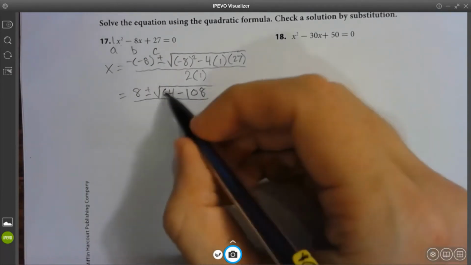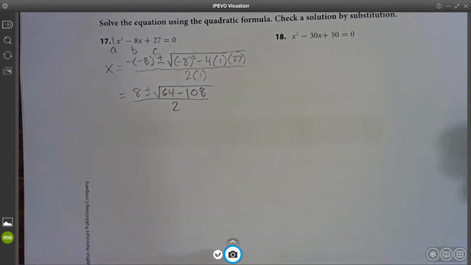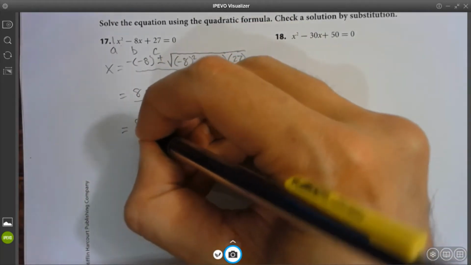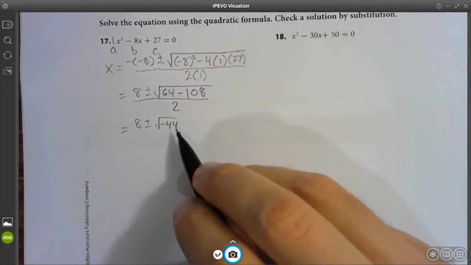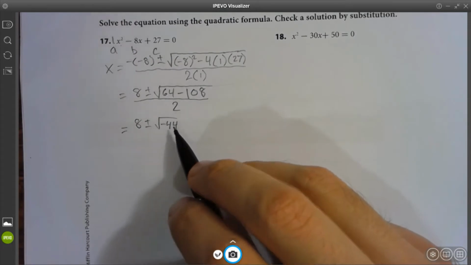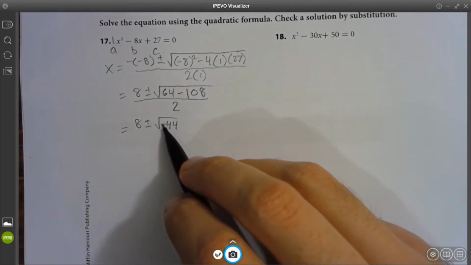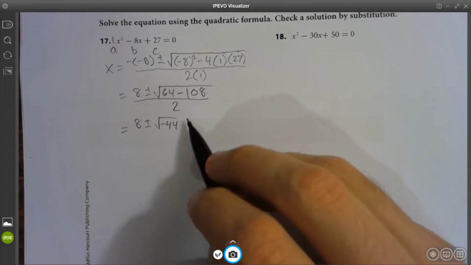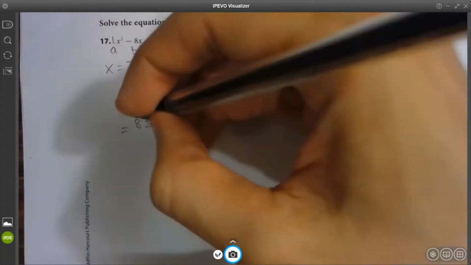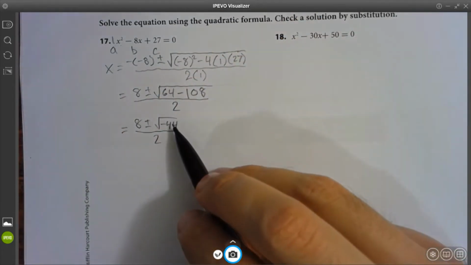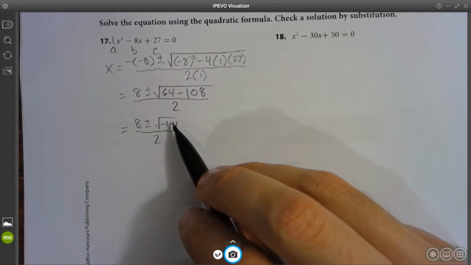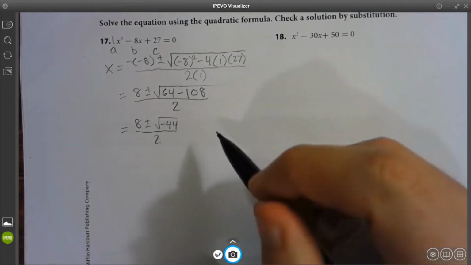We can do some more simplifying. 64 minus 108 is negative 44. Yeah, that's right. We have the square root of a negative. We're going to remove the negative from the square root and put i outside of the square root, outside of the radical. Furthermore, 44 is 4 times 11, so we can call this 2 root 11, because the square root of 4 is 2.